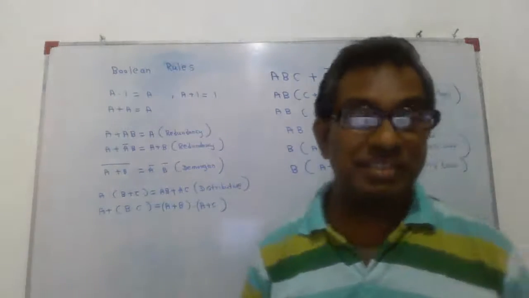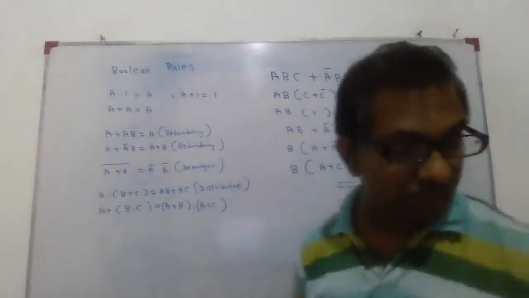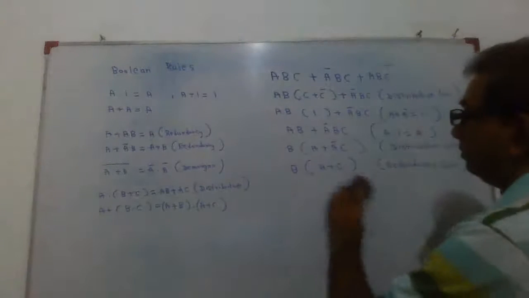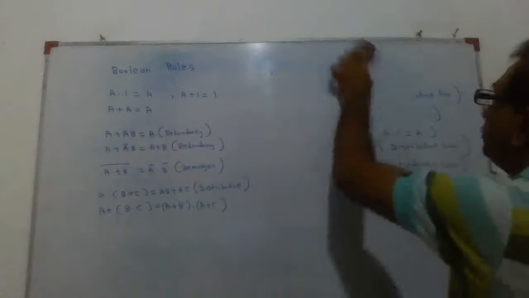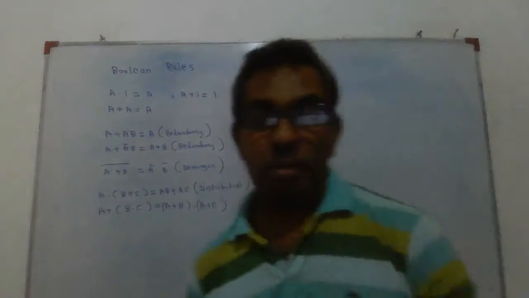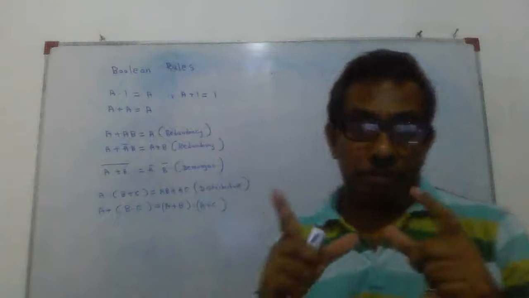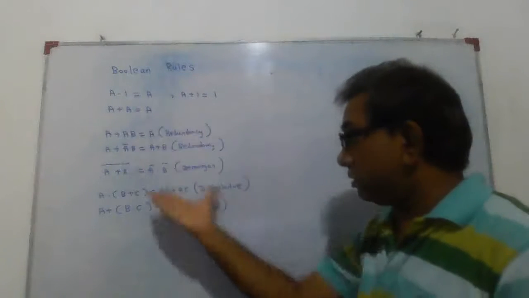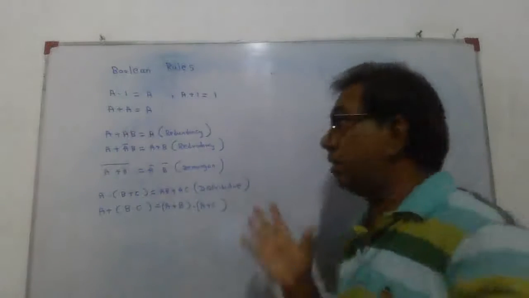Okay, let's see the next example. What is the next one they have given? For practicing, I have written those theories like this, but in the exam, no need of writing them.